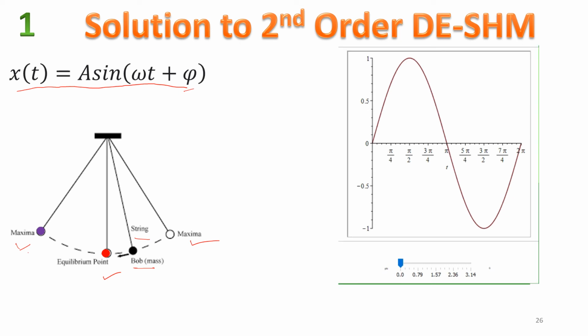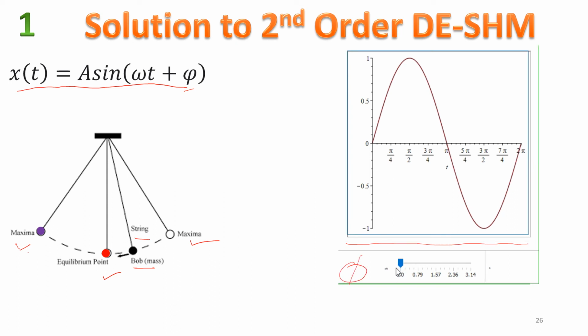And in that we have this graph being plotted here using Maple, and here this is the phase angle phi, which can roll from 0 to pi. So when it rolls from 0 to pi through pi by 2, this is the value pi by 2, you will be able to see how this graph shifts.